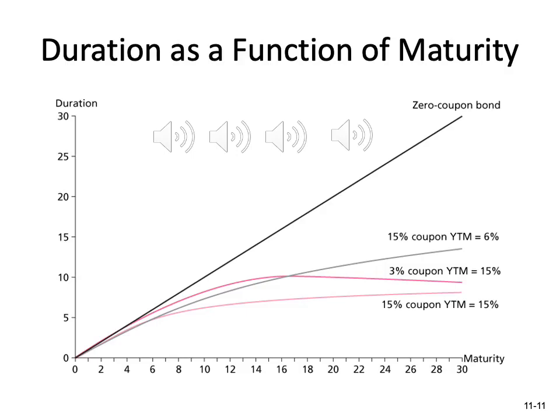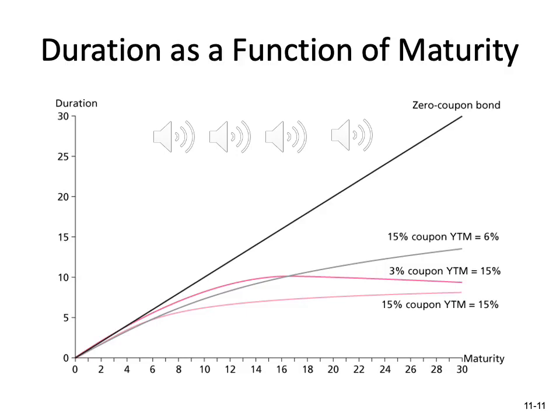Rule number 3 says duration generally increases with time to maturity, which is true for all bonds in this picture. The longer the maturity, the longer the duration, which is true for all 4 bonds. Rule number 4 says the duration of a coupon bond is higher when the bond yield to maturity is lower.